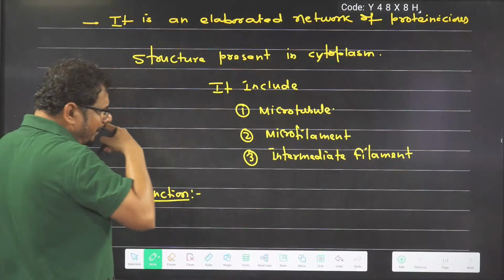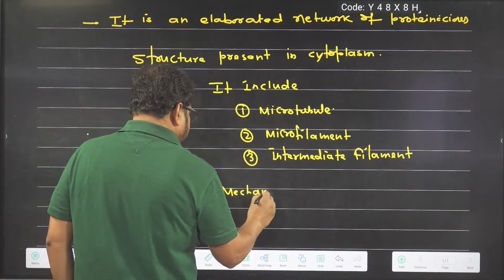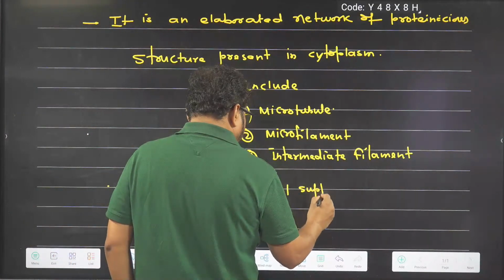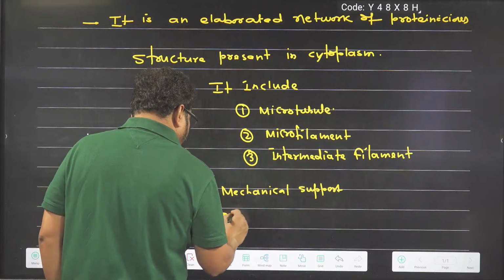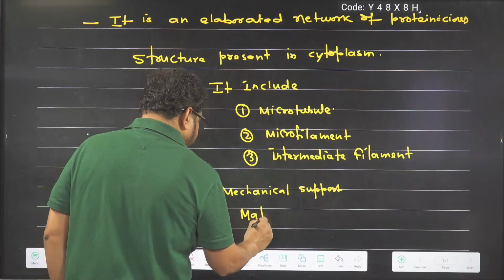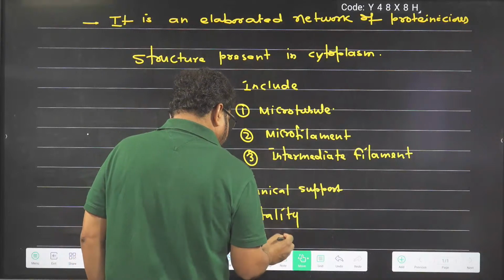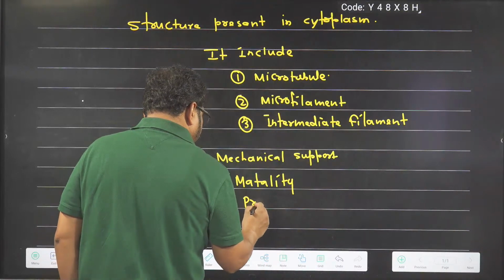Function of the cytoskeleton is mechanical support, second function have a role in motility, and third function is provide shape to cell.